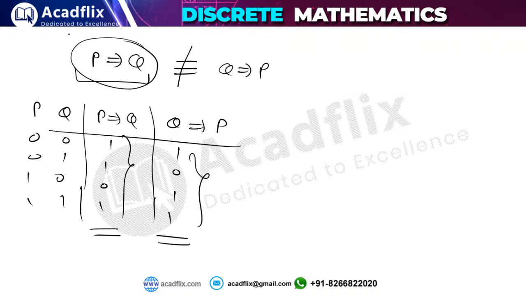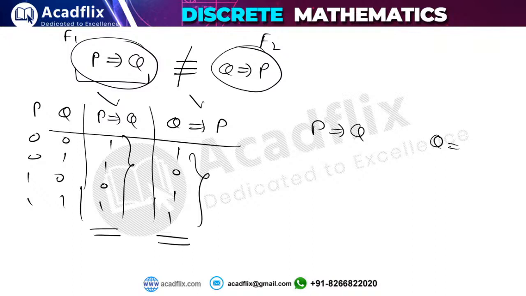Let's assume this is formula F1 and this is formula F2. Then the truth table of formula F1 is different from the truth table of formula F2. So we say that these are not equivalent. Why are we saying that? Because if you take one situation, let's assume when P is true, Q is false, take this situation.